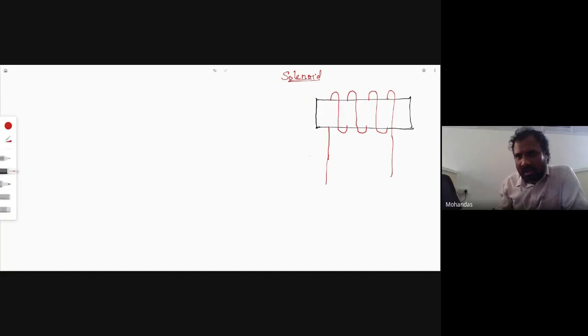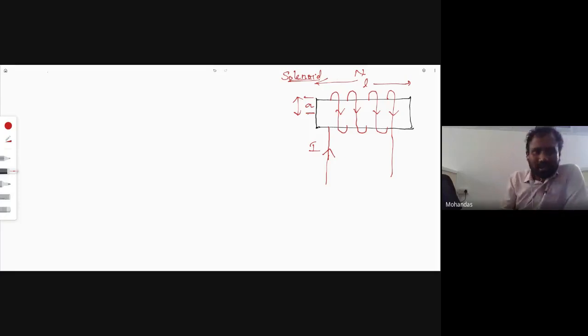If the current is flowing through this solenoid, imagine it in 3 dimensions, the current flowing in this fashion, the number of turns is capital N, the total length of the solenoid is L, and the radius of this solenoid is A.